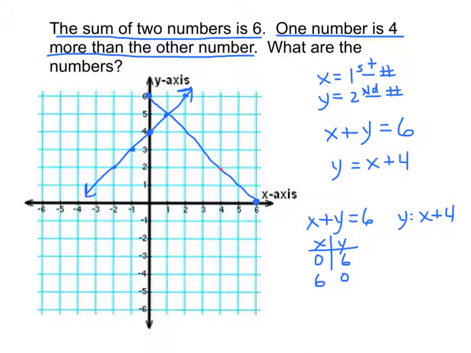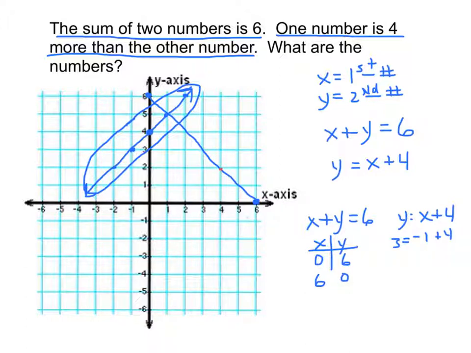Once again, all the points on that particular line satisfy that particular equation. Here's the point right here, negative 1, 3. If x is negative 1, negative 1 plus 4 does give me 3, so every point does work.